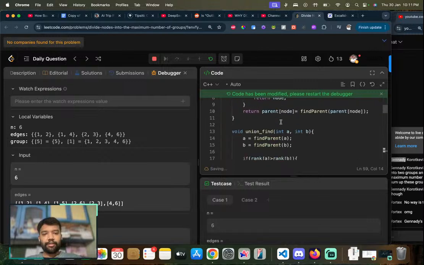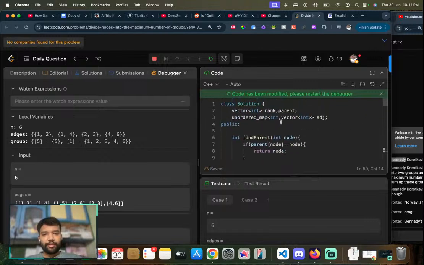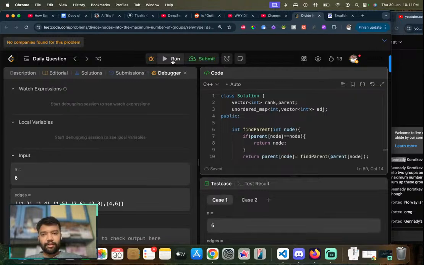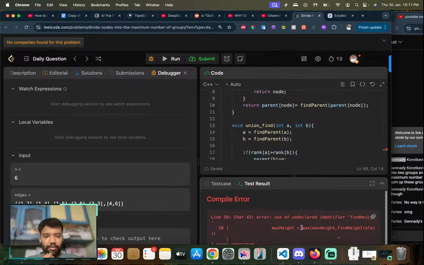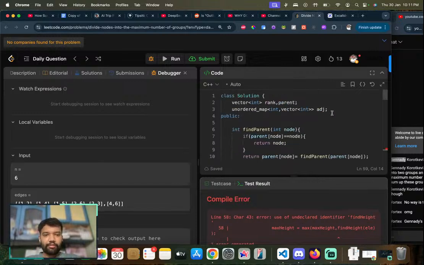I will have to write this find height function, and I think that should be it. Let's see if I'm missing something. Yeah, so only the find height is left.